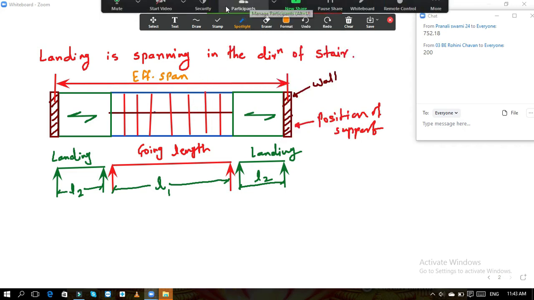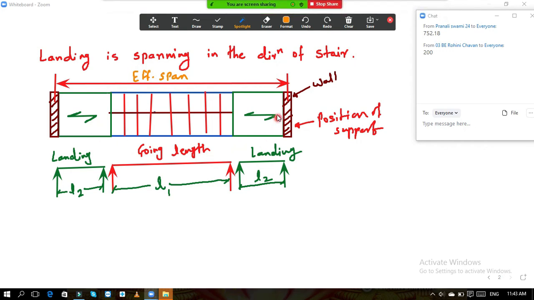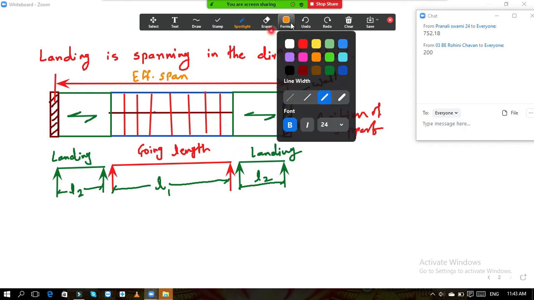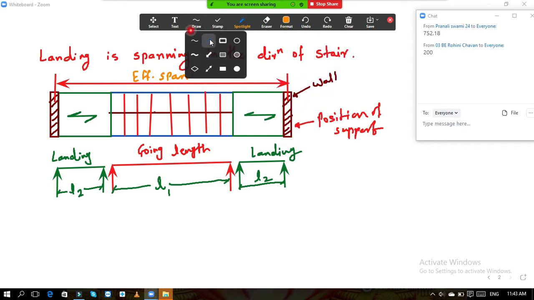I am repeating once again, have you understood the things or not? This is very important. Still nobody is giving a reply. Okay. So I assume that you understood the things.